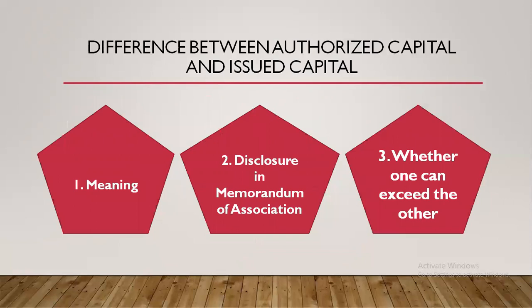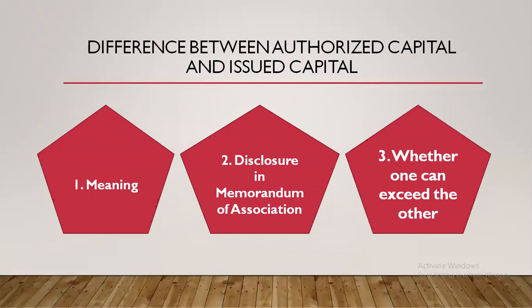Now, what is the difference between the authorized capital and the issued capital? This we can discuss on the basis of 3 situations. First is meaning, second is disclosure in memorandum of association, and third is whether one can exceed the other.